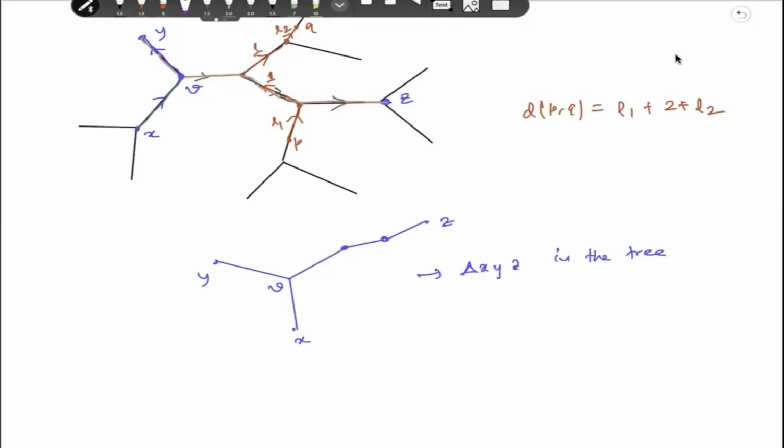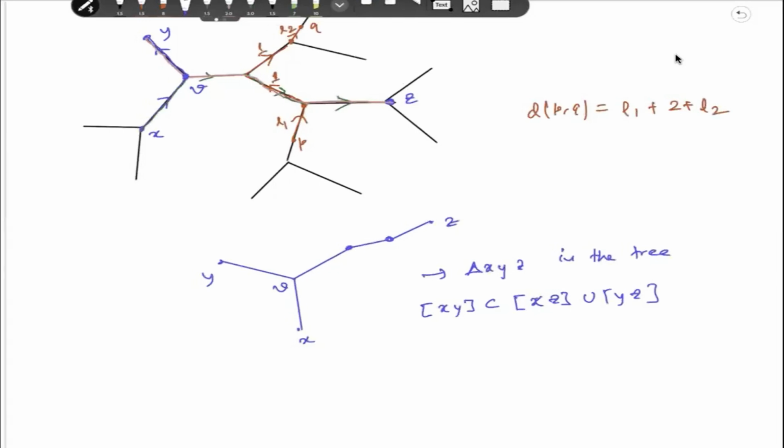Note that this side XY is contained in the union of the other two sides. Similarly, if I take the side XZ, it will be contained in YZ union XY.